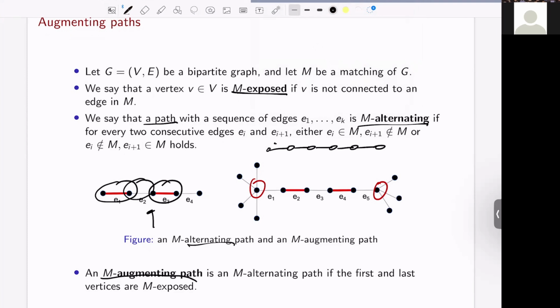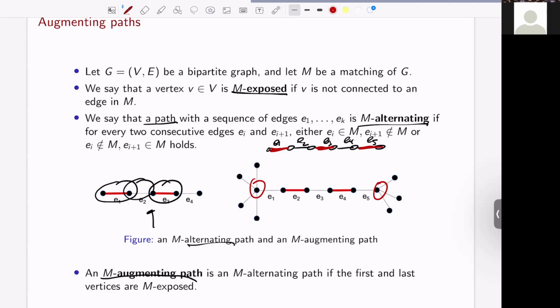You have E1, E2, E3, E4, E5. So E2 and E4 were part of the matching, but if you do this augmenting step, E1, E3, E5 become matching edges, and E2 and E4 leave the matching.